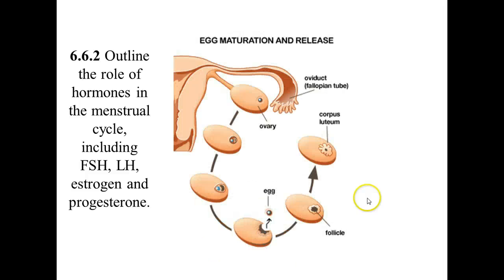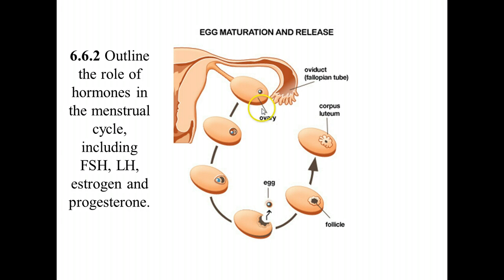Okay, so here's a diagram. This ovary doesn't actually move around, but it's just through time. Notice it's not touching the oviduct or the fallopian tube, but we've got an ovary within which we have a follicle. We see FSH increasing, and then luteinizing hormone causes the release of the egg and the degradation of the corpus luteum, this little thing inside the ovary.